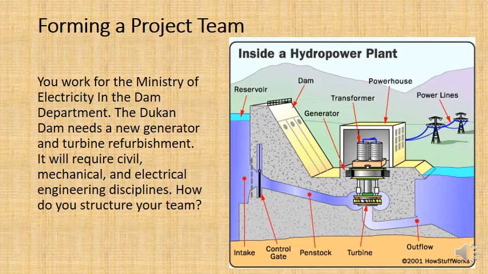So how do you structure your project team, keeping in mind that as well as all of the other people, such as quality controllers, regulators, and owner representatives and everything else, even in the pure engineering, you have a division of discipline. You're going to need civil, mechanical, and electrical engineering disciplines in your project team.